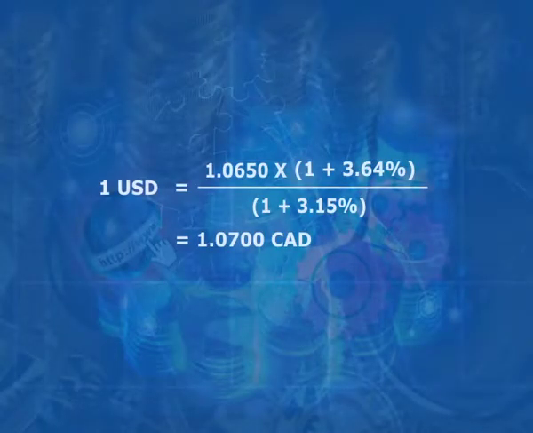Using the above formula, the 1-year forward rate is computed as 1 USD equal to 1.0650 times (1 plus 3.64%) divided by (1 plus 3.15%), which gives us 1.0700 Canadian dollar.